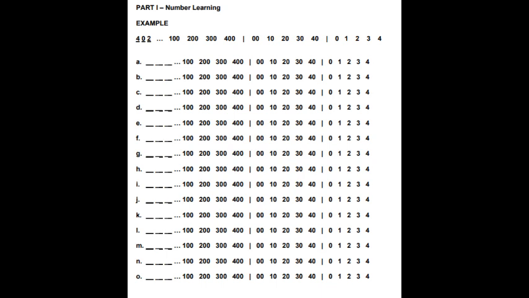That is, a mark has been made for 400 in the first set of answer spaces, for 0 in the second set of answer spaces, and for 2 in the third set of answer spaces. In order to make possible the mechanical scoring of your answers, it is now necessary for you to start at letter A and fill in the answer spaces at the right to correspond with the numbers you wrote down from dictation. Make your marks heavy and dark.